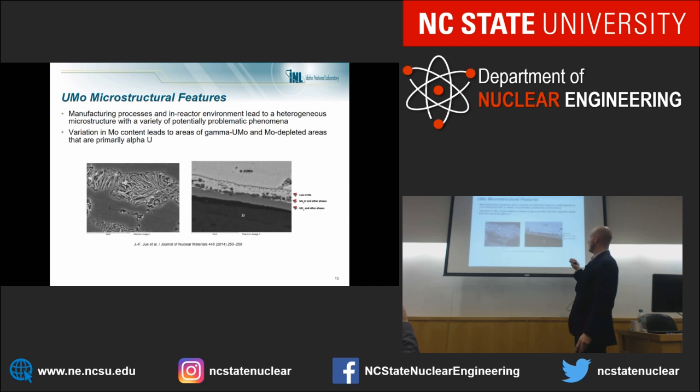So we end up getting this very heterogeneous layered structure where we have lots of phases in these systems. So we start from the BCC U-moly system where we have a low moly system that's probably alpha U. We have these precipitates in the system that are moly 2 Zirc and probably U2 as well.